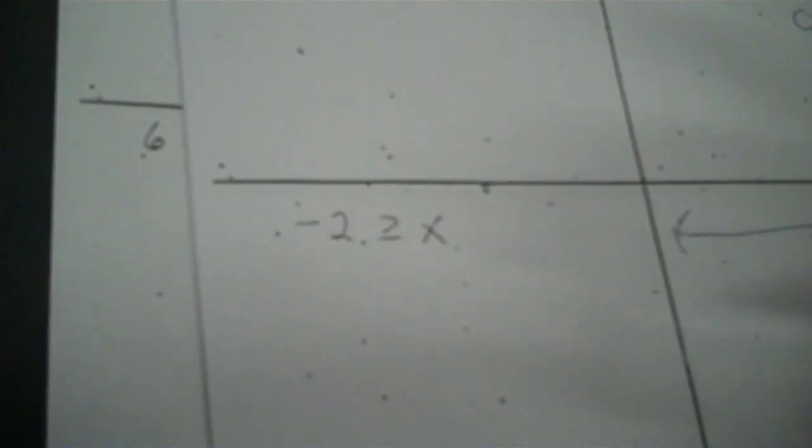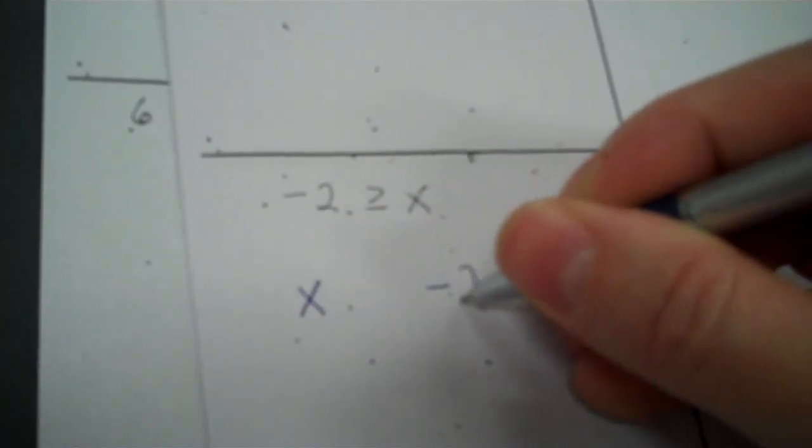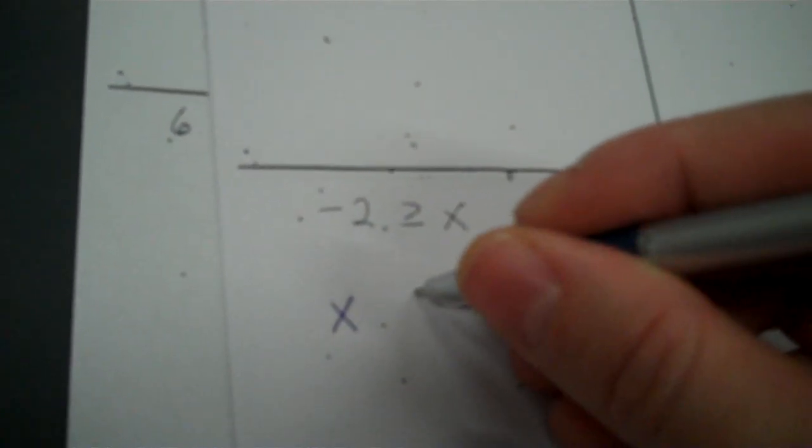Okay, now this one isn't going to work. You notice on these two the variable came before the number in the inequality. You need to rewrite this inequality so that the variable comes first and the number comes second. And when you rewrite it, the sign switches.